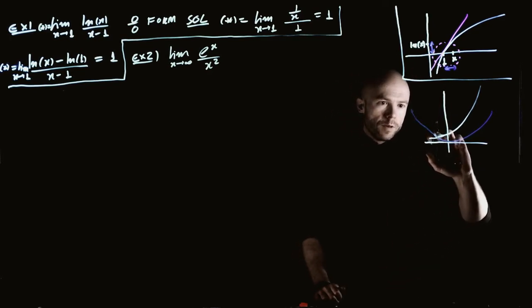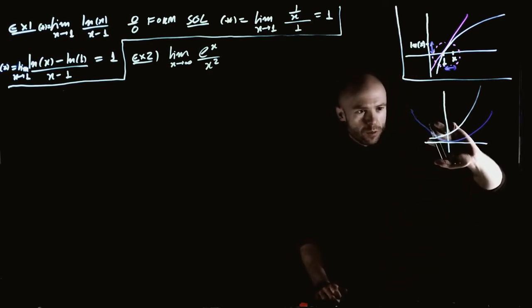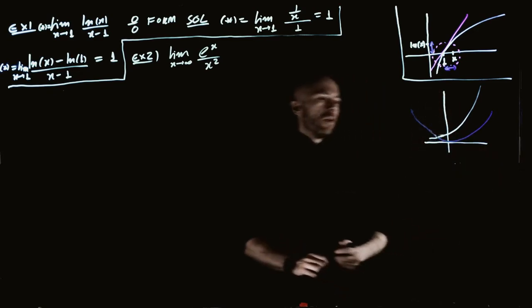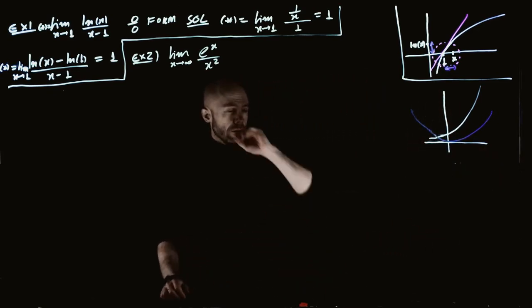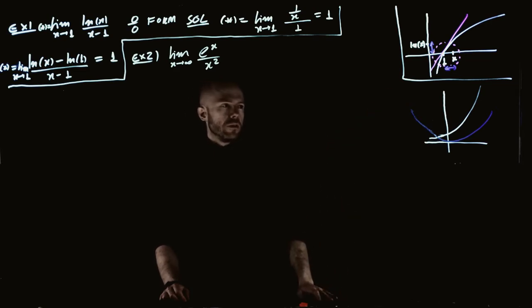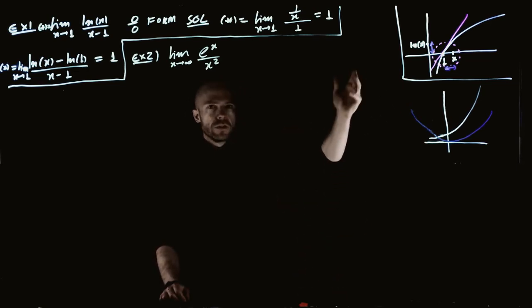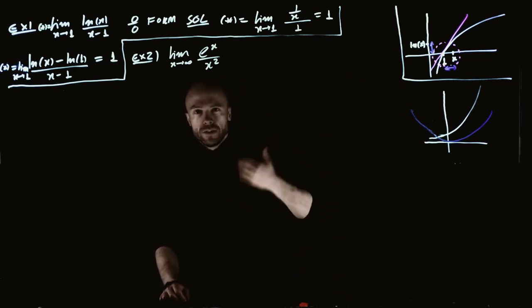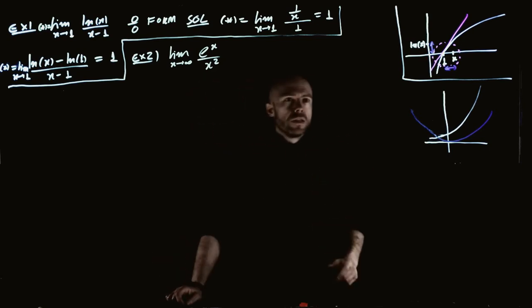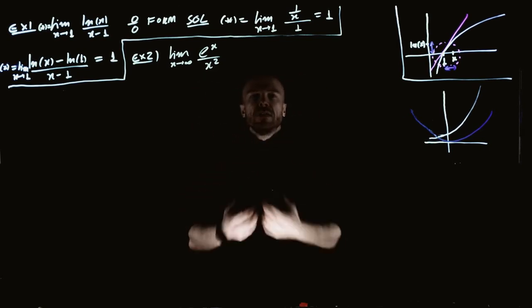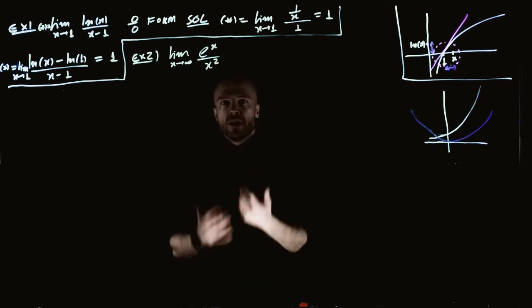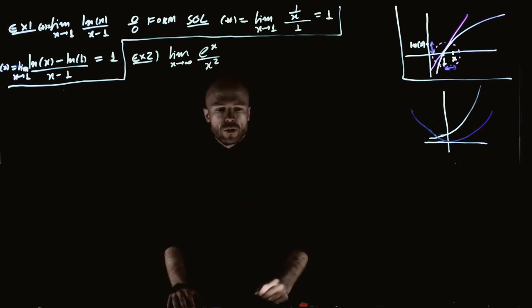Okay, forgive my x squared graph here. Okay, so the way I've drawn it, it's looking like e to the x is growing faster than x squared, and indeed I drew it that way because I know that is the case, because e to the x kills everything. E to the x is the fastest growing elementary function that we have.